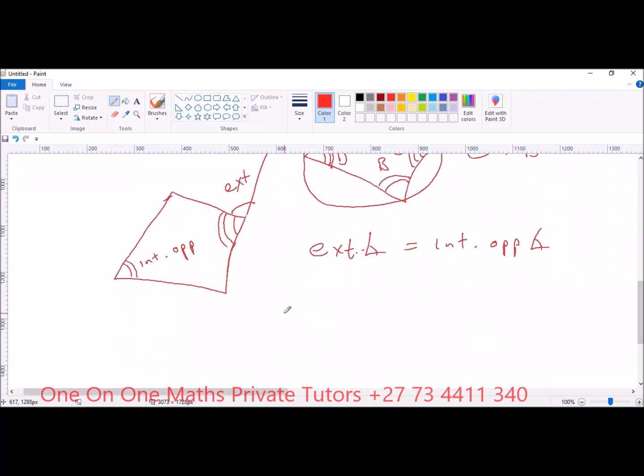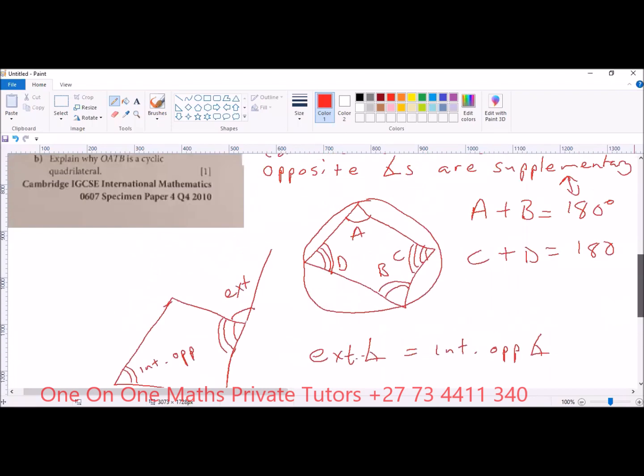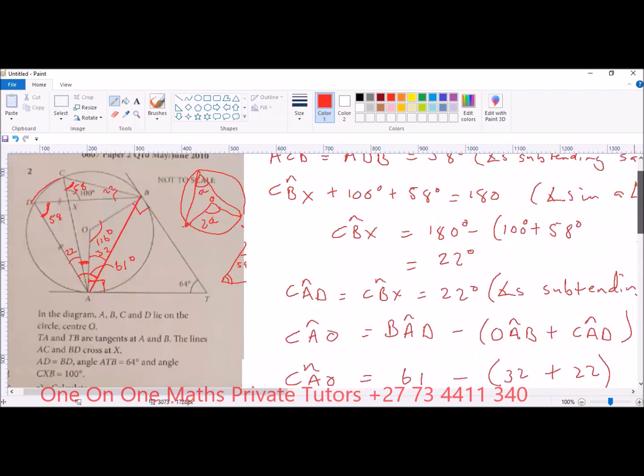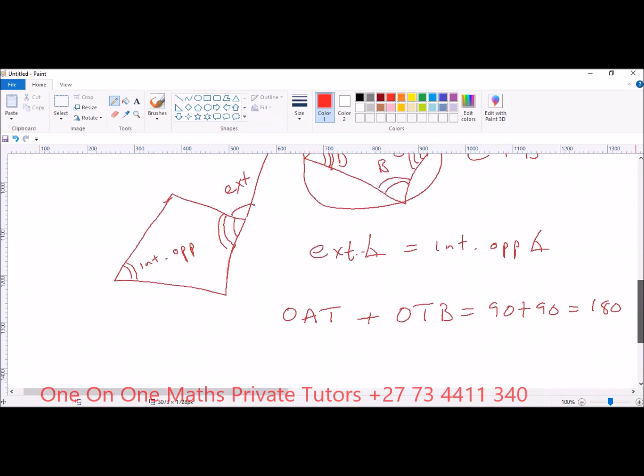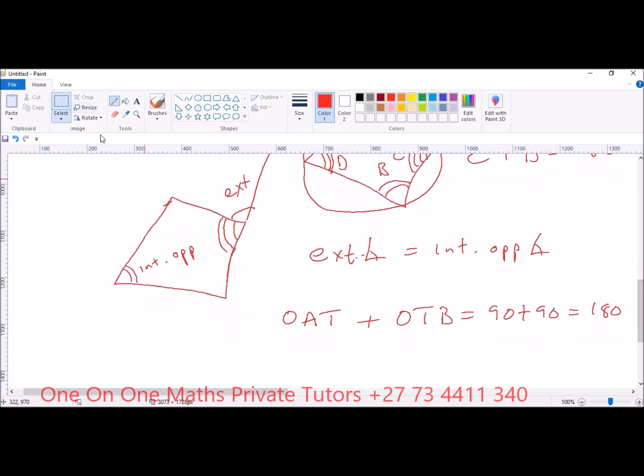So OAT plus OBT equals 90 plus 90, which is 180.